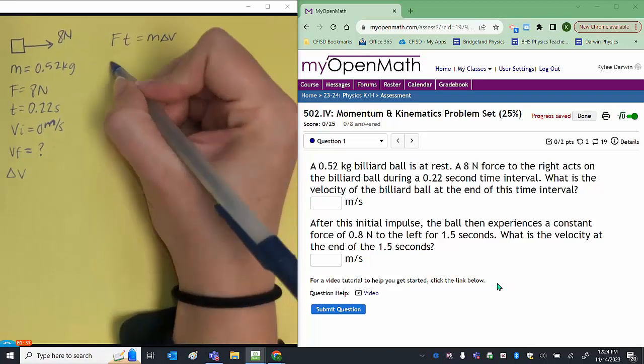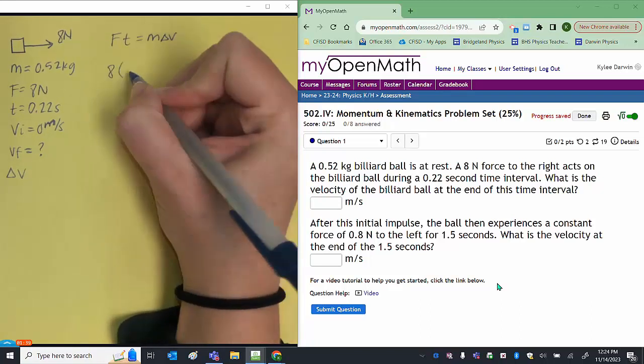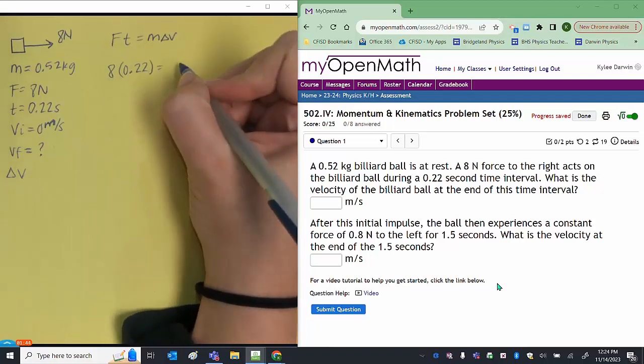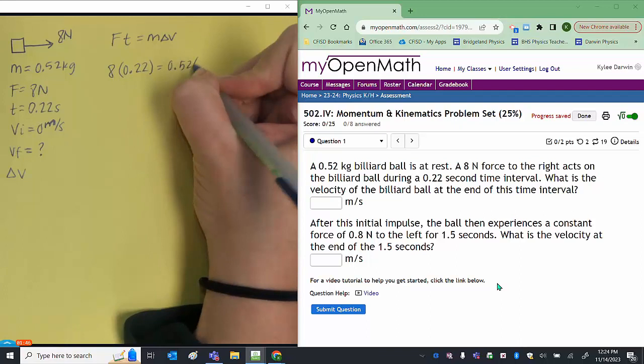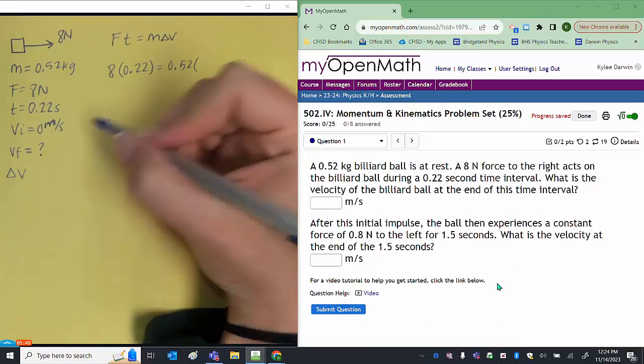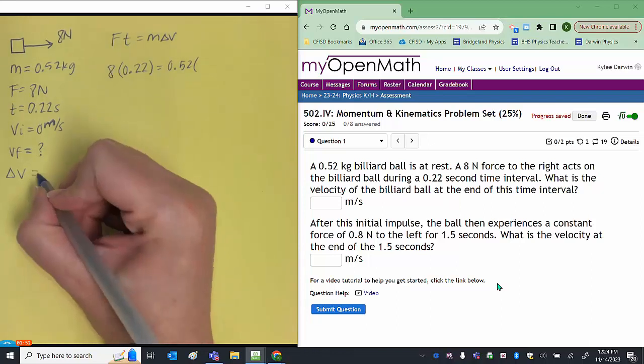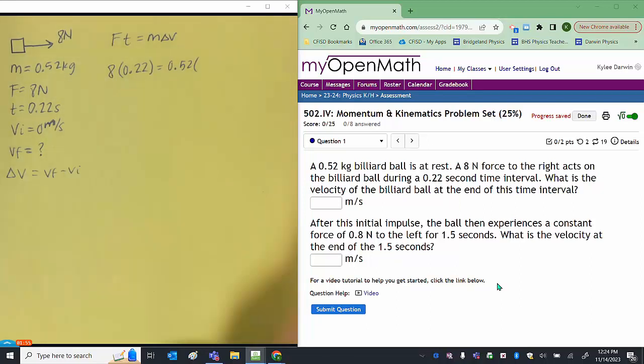And so I'm going to substitute into this equation. My force is 8, my time is 0.22, the mass is 0.52, and we're trying to solve for delta V, but specifically for VF. Remember, delta V is final velocity minus initial velocity.